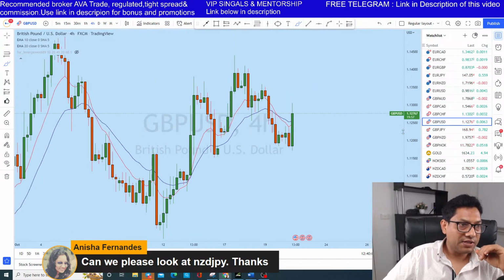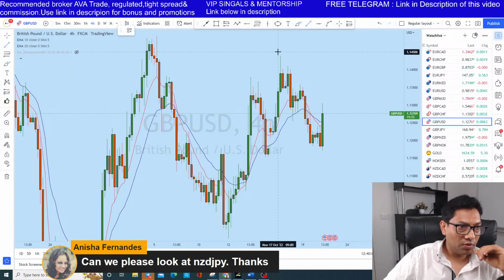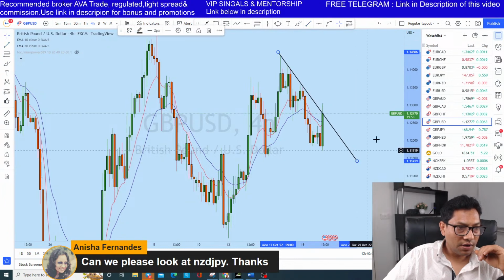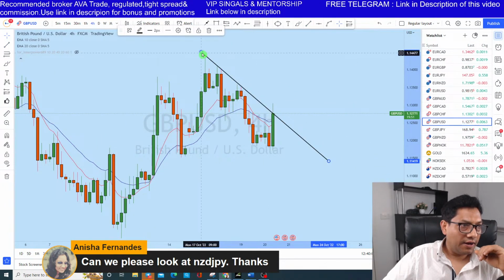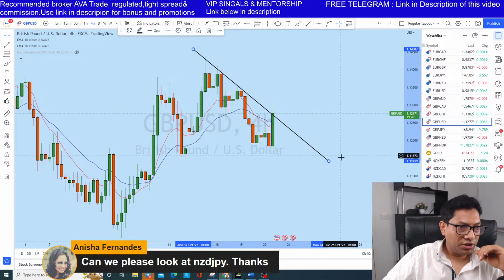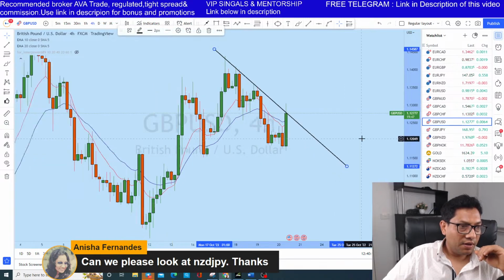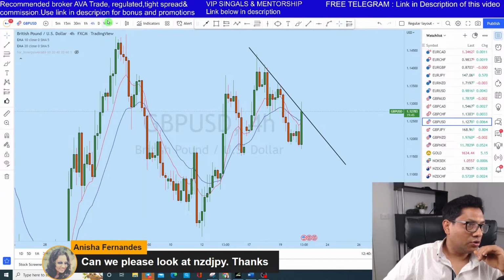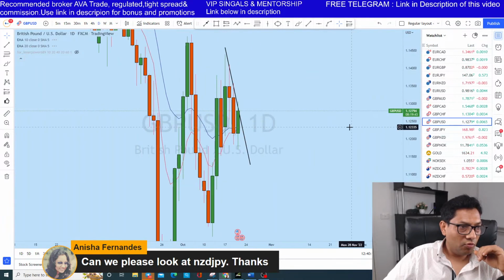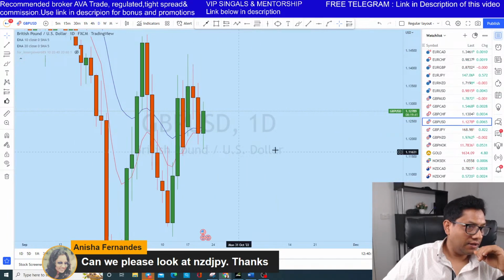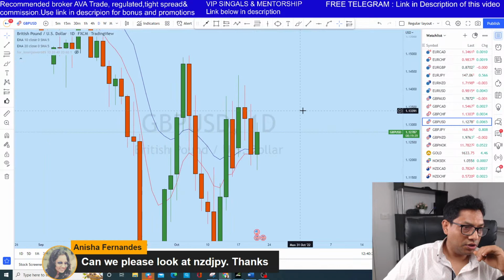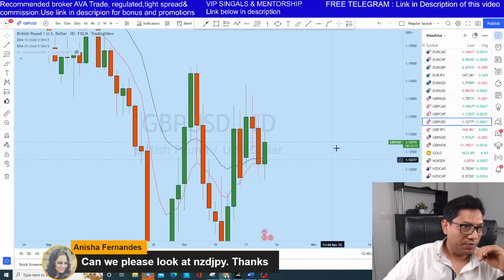Now the price is at this trend line, and we could potentially find some selling opportunity on GBP USD. Let's see what happens.